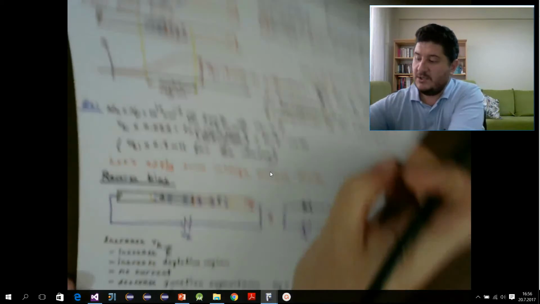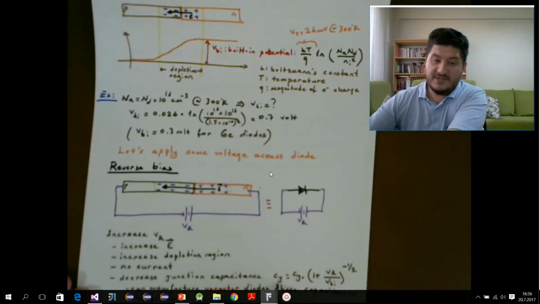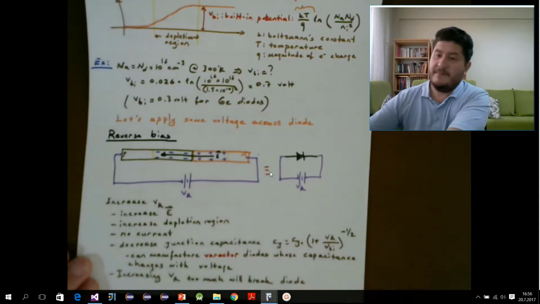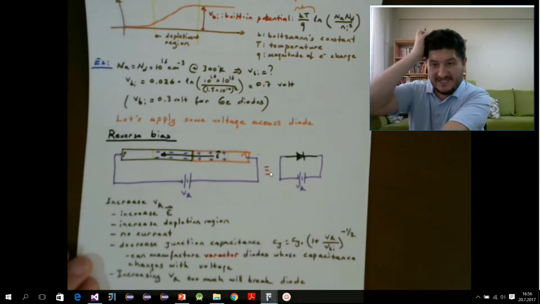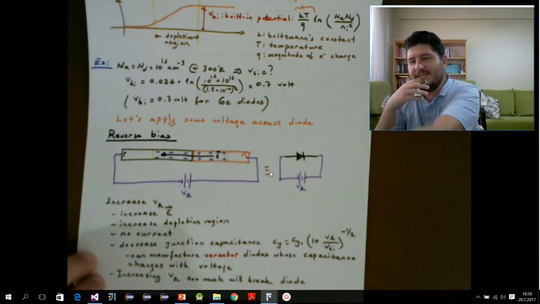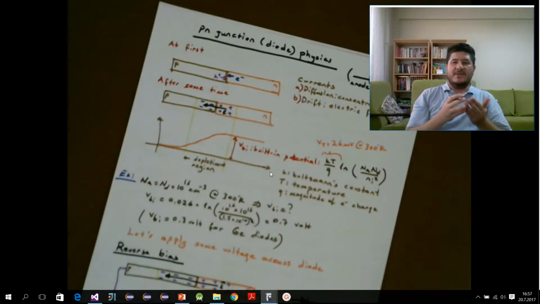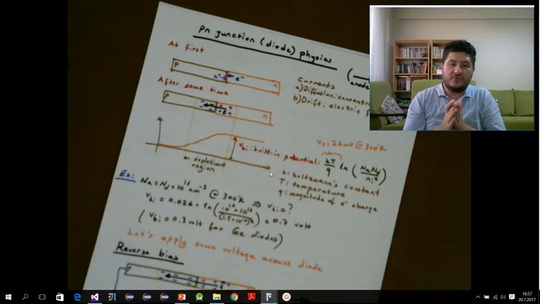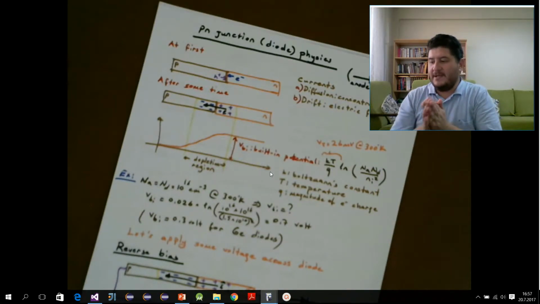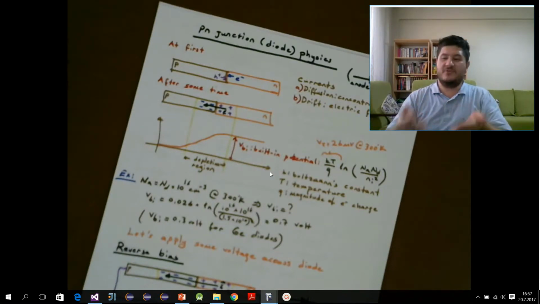So all we are doing is making that depletion region capacitance smaller. So now we can use the diode as a capacitor whose value can be controlled by the voltage value. If we increase the voltage value, we are making the capacitor value smaller.